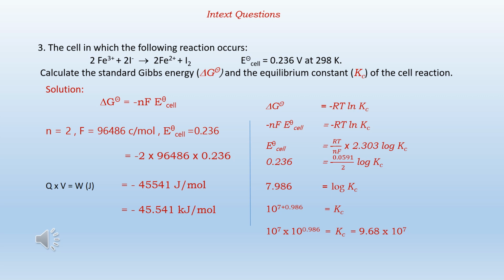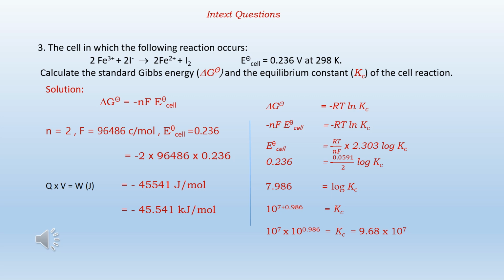And in the right hand side part, I have given the steps to calculate the Kc value. Delta G naught is equal to minus RT ln K. Here I have not substituted the delta G naught value, because then I would also have to substitute the R value, the T value, and convert ln to log by multiplying with 2.303.